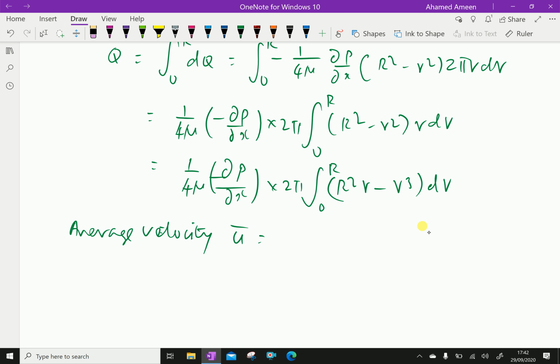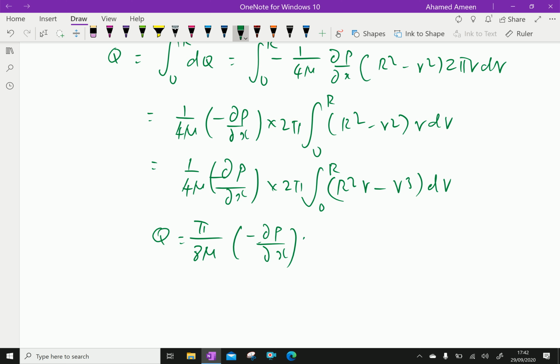No, before that we'll find the Q in a simplified manner. Here discharge Q equals pi by 8 mu, minus dou p by dou x, into R power 4, after integrating and substituting R values.